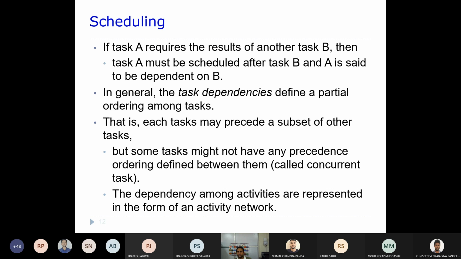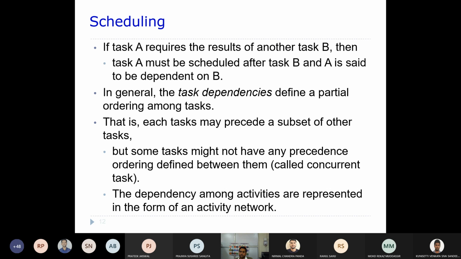In general, if you have all the different tasks and they follow these dependencies, then it is a partial ordering among those tasks. So we are trying to find the partial ordering among different tasks.